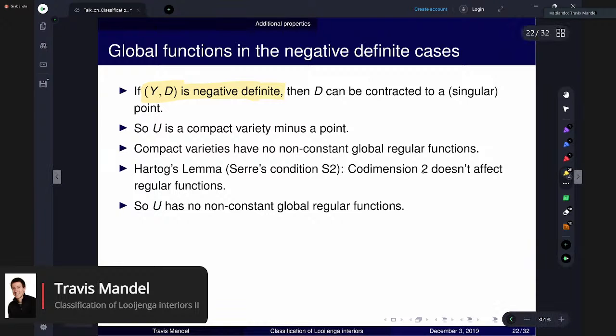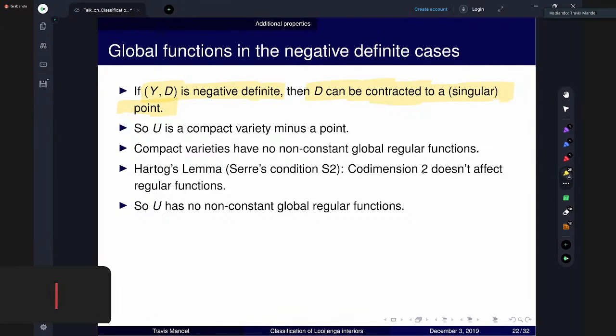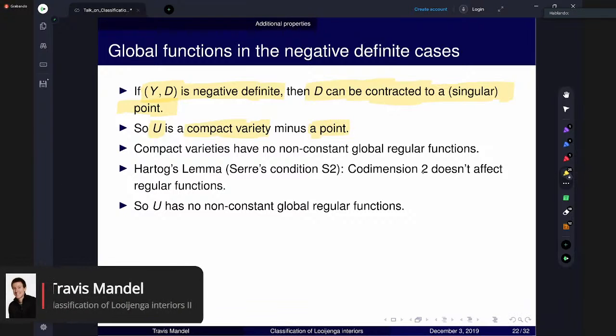So you can contract D down to a point. It'll be a singular point, a cusp singularity. I think there's a talk later on Looijenga's conjecture, so these will show up there. So we contract D down to a single point, and instead of viewing U as Y minus D, you can work with this contracted thing. So U will be some compact variety minus just one point. Singular point, but still just one point.